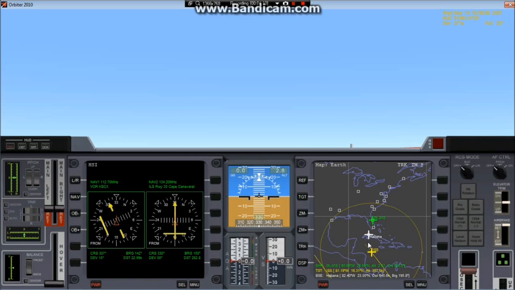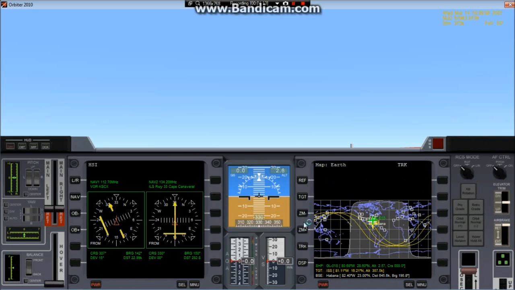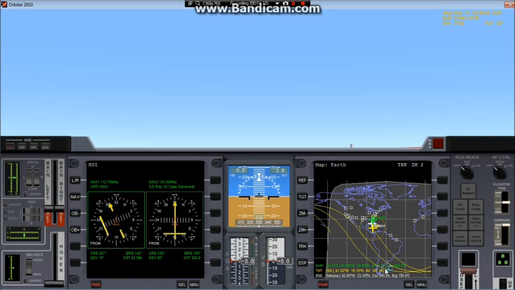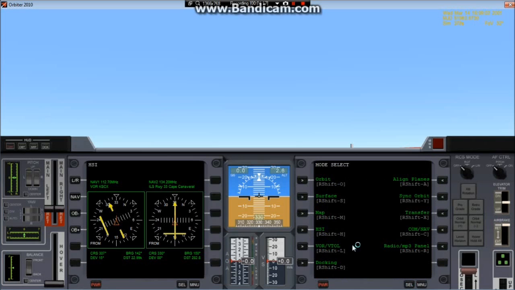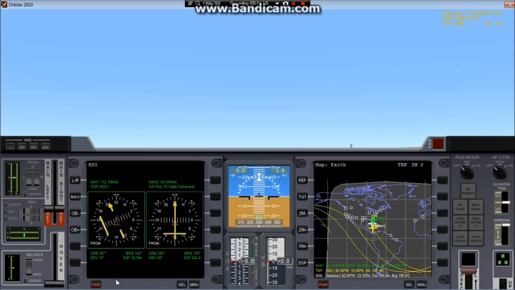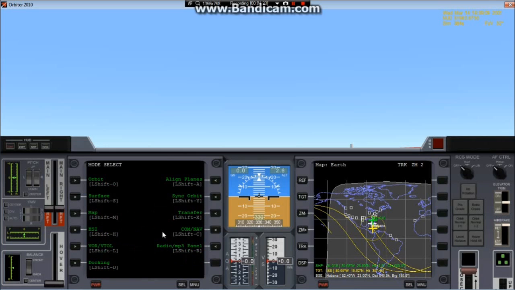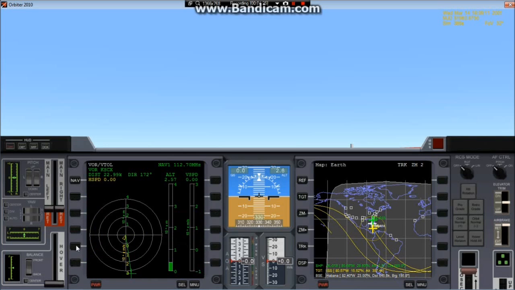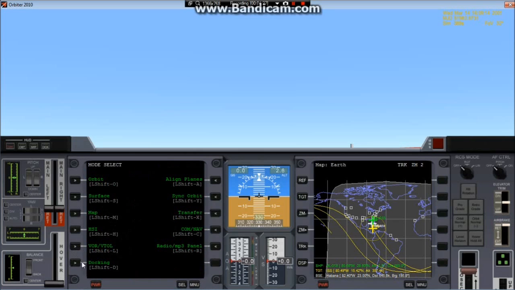Right now, so we return this to nearly the top level here. We're then going into the HSI, which is not of concern. The VOR VTOL is not of concern.